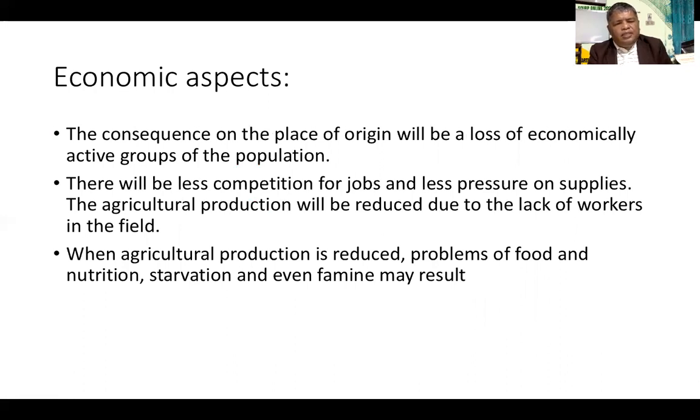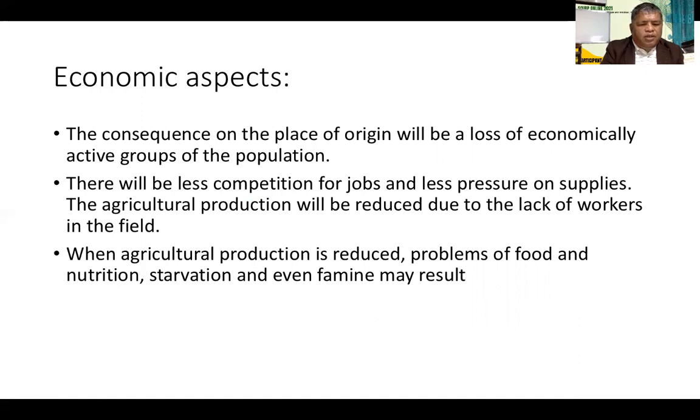And then there will be less competition for jobs and less pressure on supplies. The agricultural production will be reduced due to the lack of workers in the field. That is the problem of our agricultural farms, because most of the younger generation prefer to move to the cities rather than remain in their county or barangays.